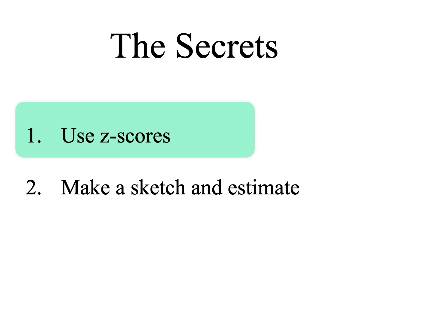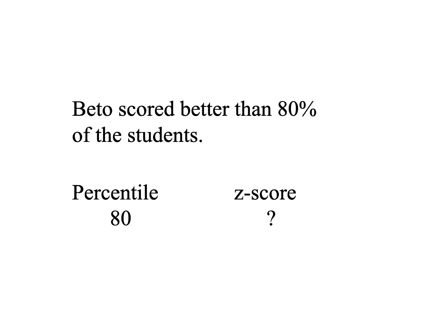It's like if we go from El Paso to Las Cruces, we have to pass through Anthony in between. Let's go ahead and convert the percentile to a G-score. Bedel scores better than 80% of students. That tells us his score is at the 80th percentile. Now, how will we find the G-score that is equivalent to the 80th percentile?